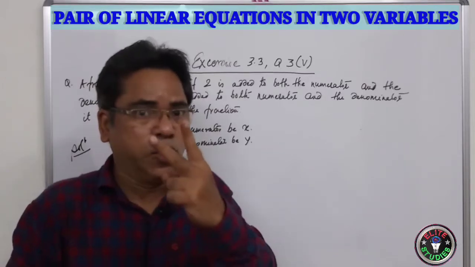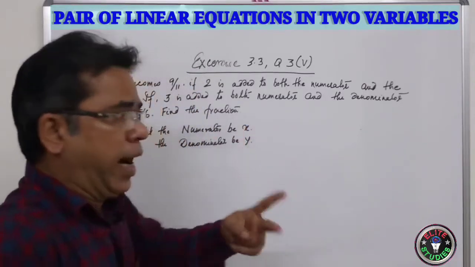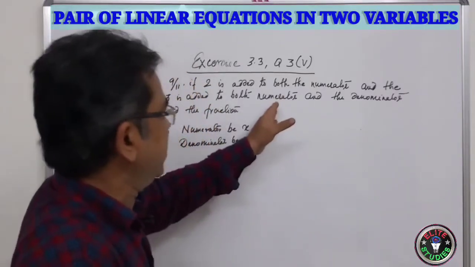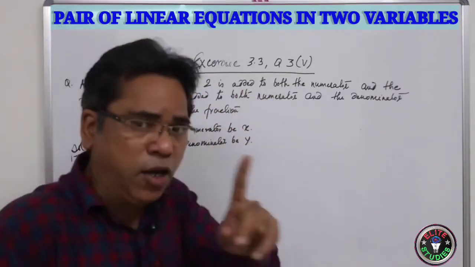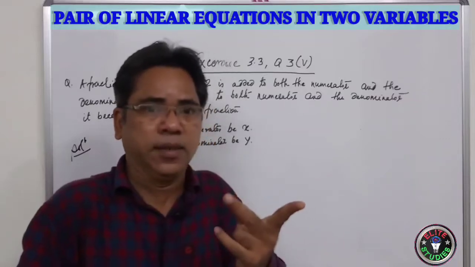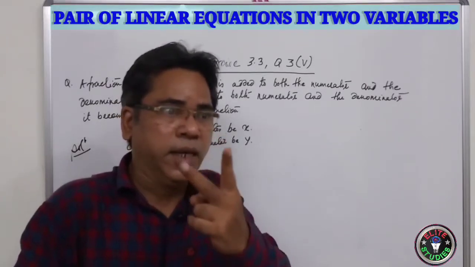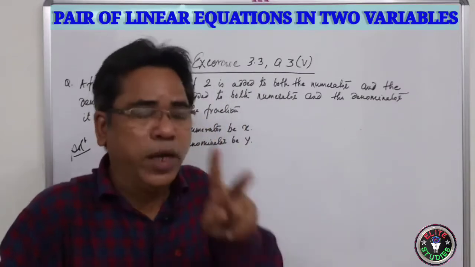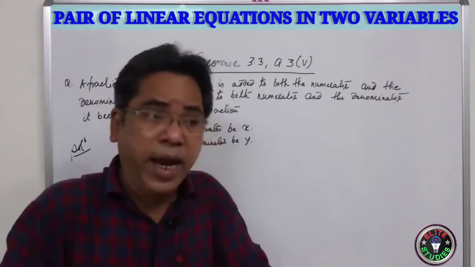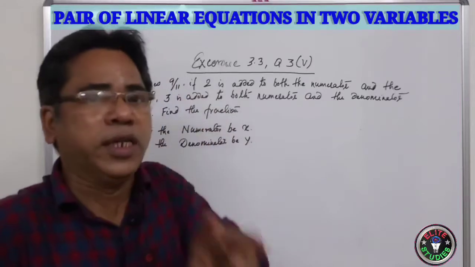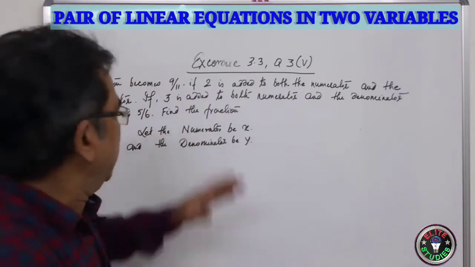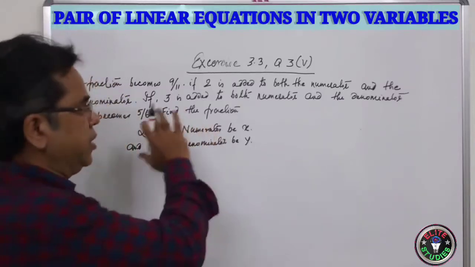Those two equations can be formulated from the given conditions in the question. Definitely you have to search out what the conditions are. Based on those two given conditions, we will formulate two equations and solve them to get the value of this fraction. That's it. Now let us see what the given conditions in this question are.